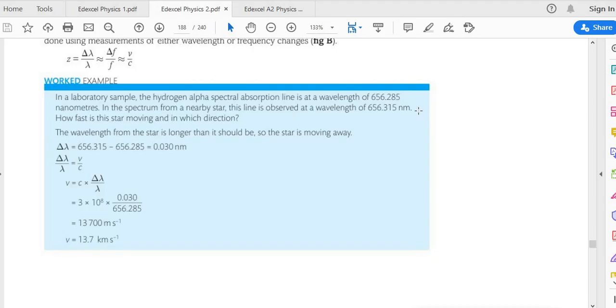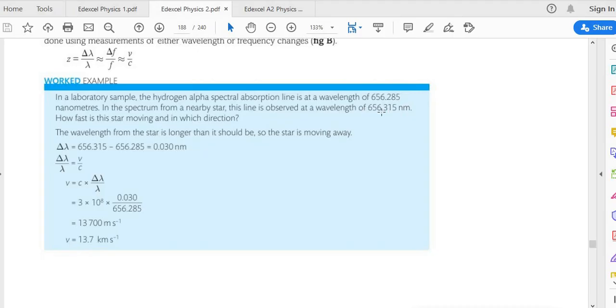Why? Because it's moving away from us. In the spectrum from a nearby star, the line is observed at a wavelength of this much. How fast is the star moving and in which direction? If it's moving away from us, then the observed wavelength should be greater than the original wavelength, and you can see that here.